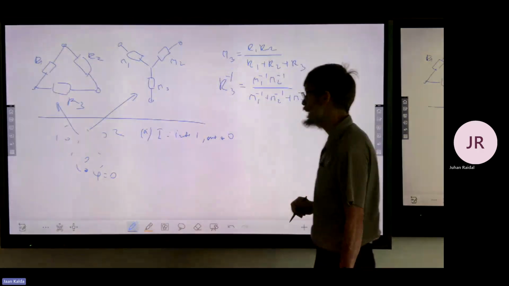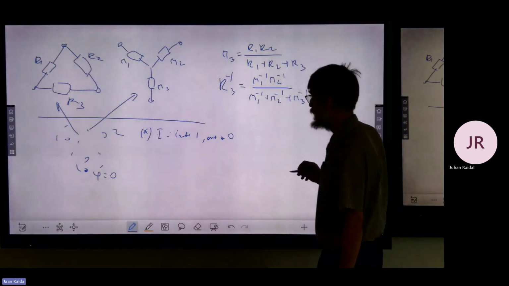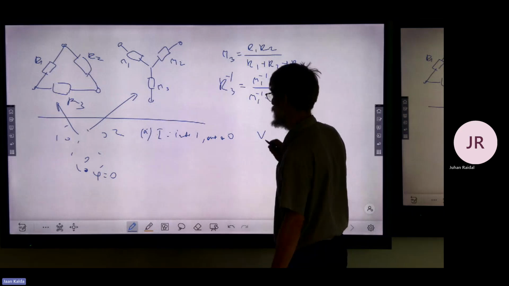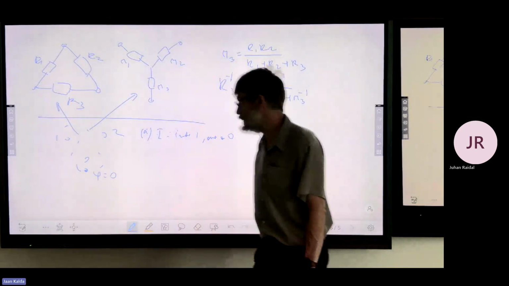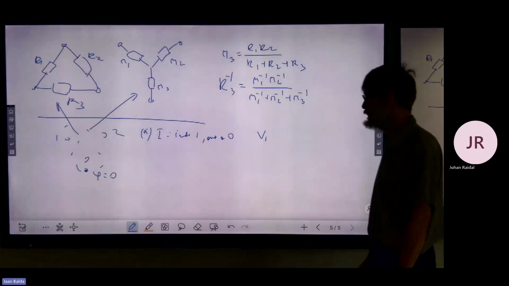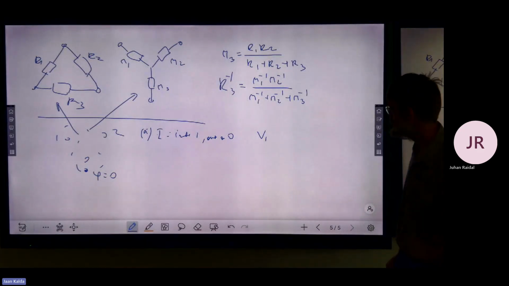And then we have voltage appearing V1. I won't write 0 because it's always with respect to 0.